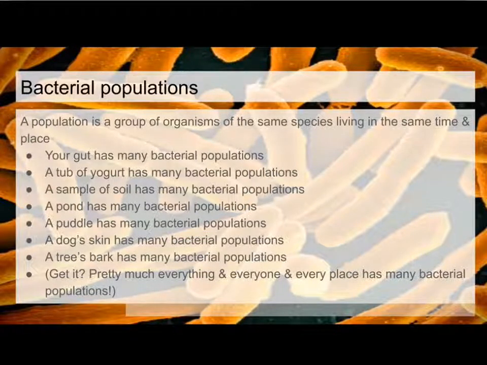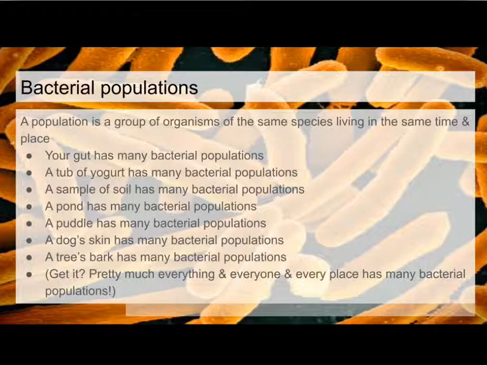If we dug up a shovel full of soil, we would find probably hundreds of bacterial species, each with their own population, living very happily in the soil. A puddle could have a whole bunch of bacterial populations. Your dog's skin, a tree bark. See? They're really everywhere. And each one of those locations will host multiple species. And when we look at one of those species, we can talk about the population of that species of bacteria.